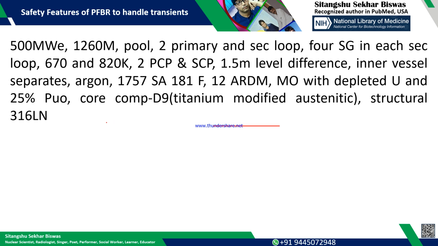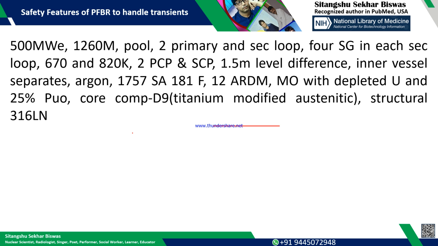Before starting, as I always tell in my regular course in the training school, our PFBR will finally produce 500 megawatt electricity. My English may not be good and my pronunciation may be wrong, because I am from Calcutta, so I am excused for that. The thermal power produced through nuclear fission is around 1260 megawatt.